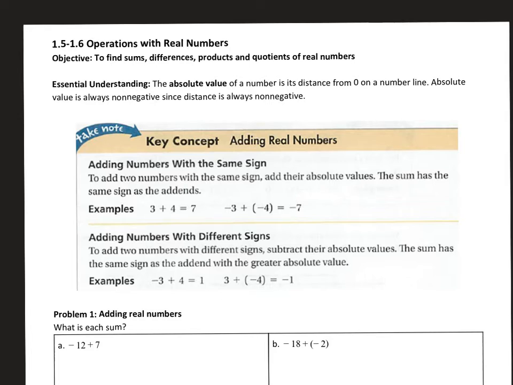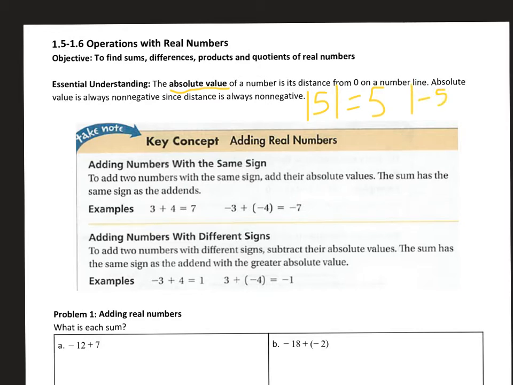One quick thing I want us to understand before we start is what I mean when I say absolute value. The absolute value of a number is that number's distance from zero on a number line. Absolute value is always non-negative because it's a distance. We always talk about distances as being non-negative. So the absolute value of 5 is just 5. 5 is 5 away from 0 on the number line.